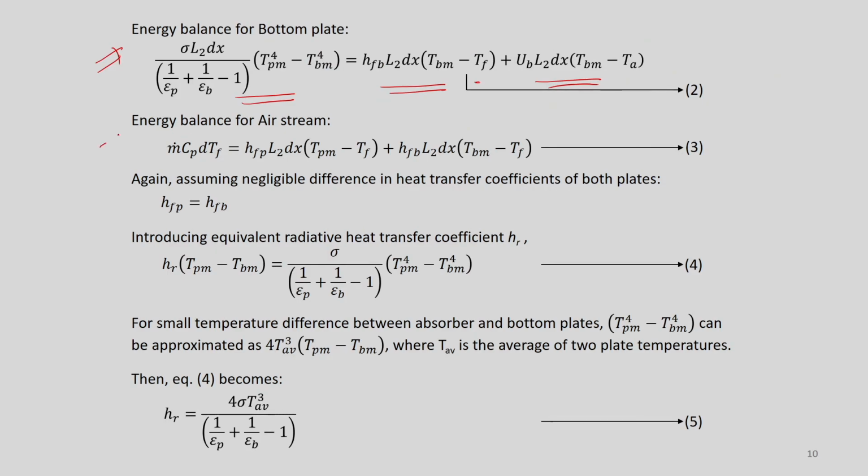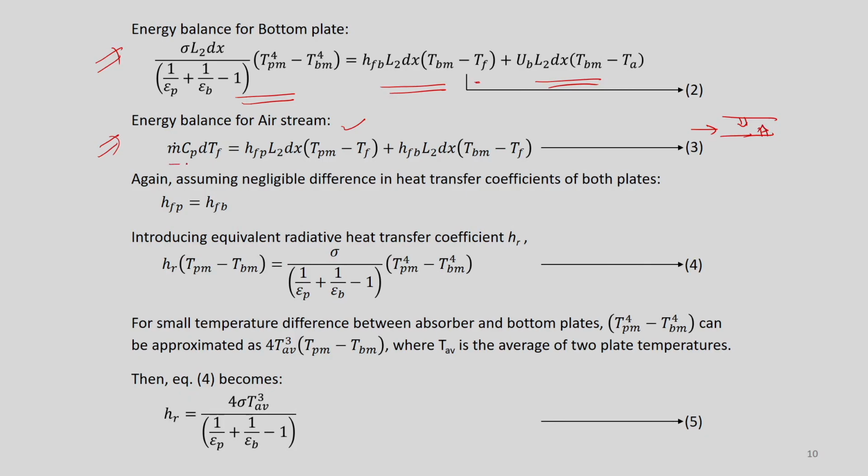Then we are interested in the energy balance for the air stream. So, the air entry is there, okay, the air entry is here, and then heat transfer or energy is coming from both the plates, okay.